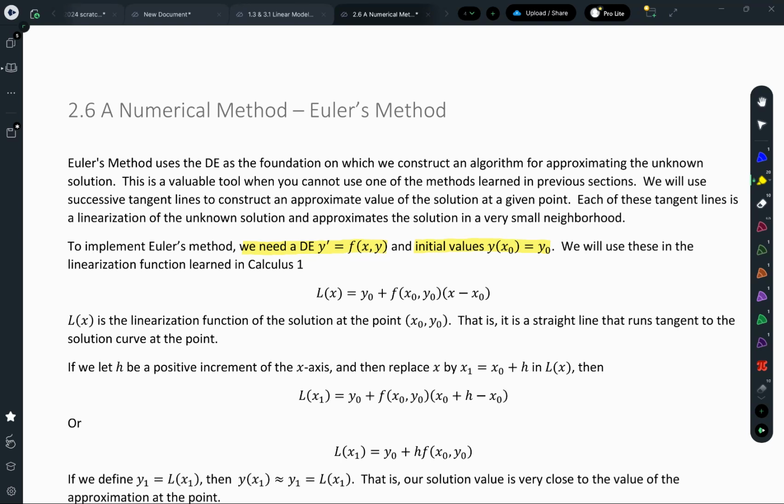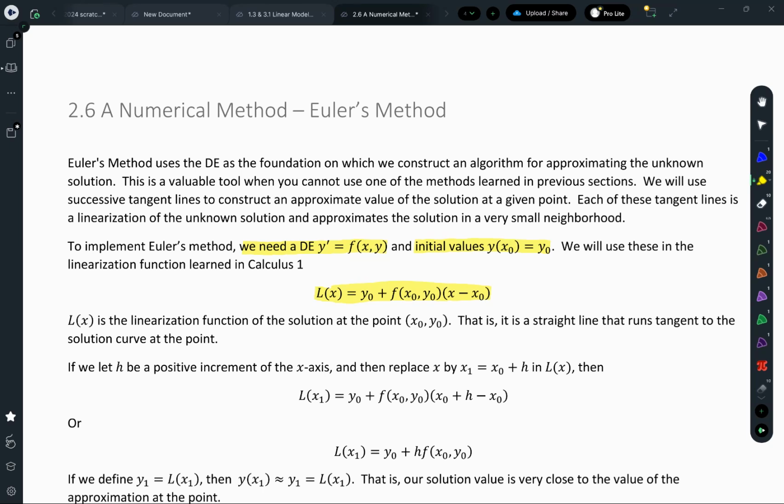Now, the linearization function that we learn about in Calculus 1, I believe, was called L of x, and it was written as L of x is equal to y naught plus f of x naught, y naught times x minus x naught.